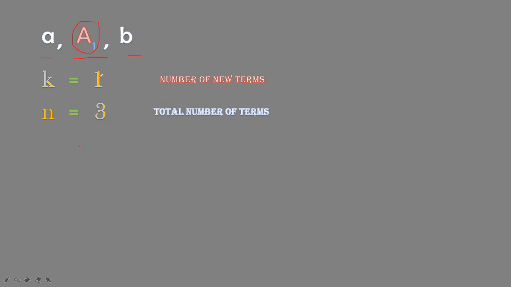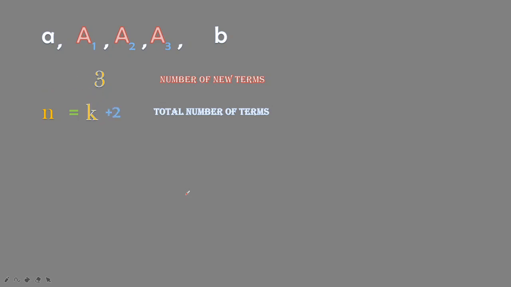But suppose I had one more term, then k would be 2, n would be 4. Suppose I had more terms, k would be 3, n would be 5, and it goes on.